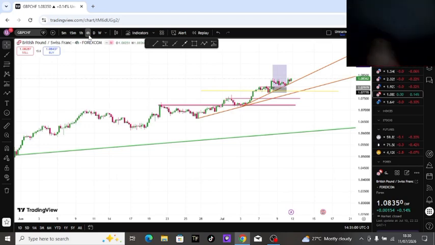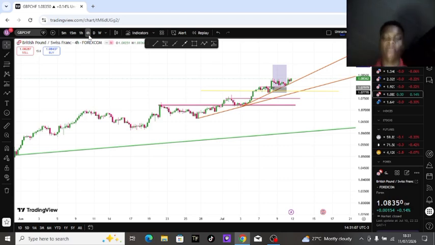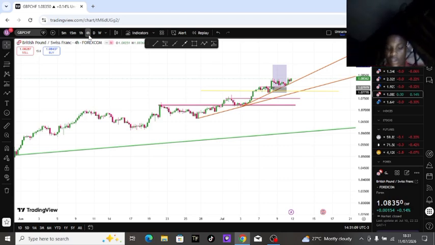Excuse me, let me get this other light. Okay, so I need to check if you can see me. Let's see if you can see me. Come on, buddy.